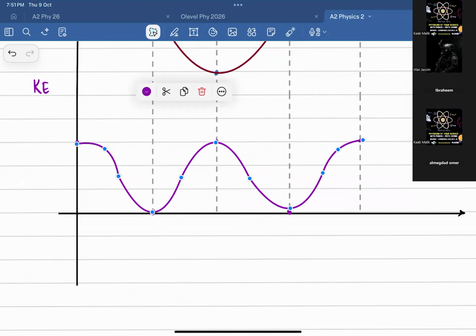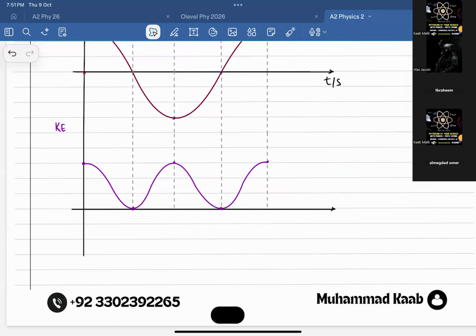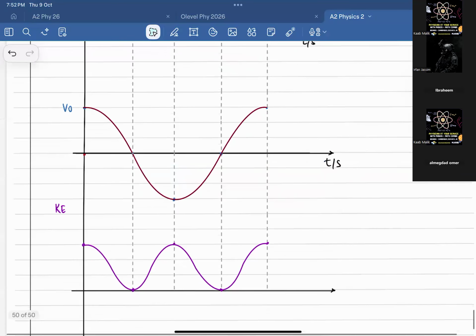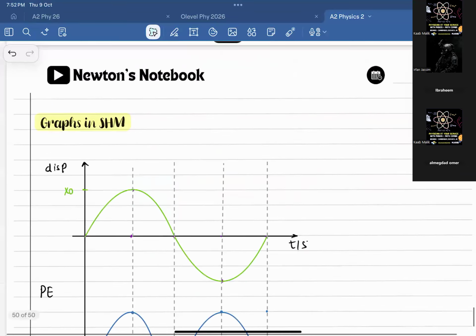So this is the potential energy graph. So one oscillation of the velocity gives double the kinetic energy oscillation, right?